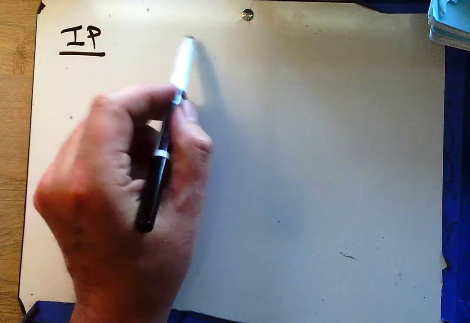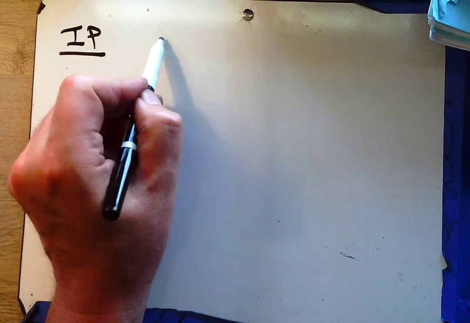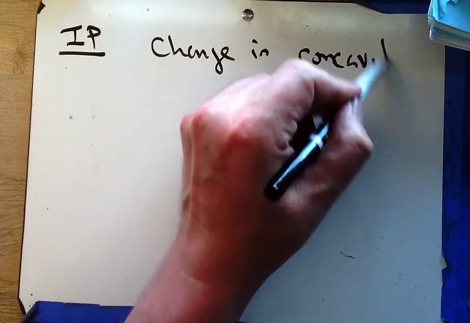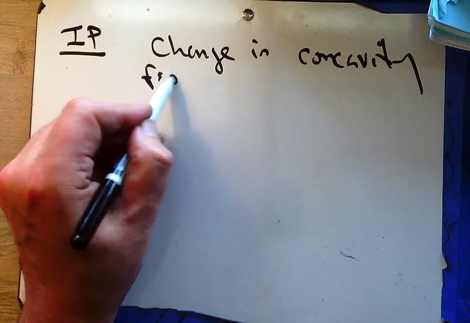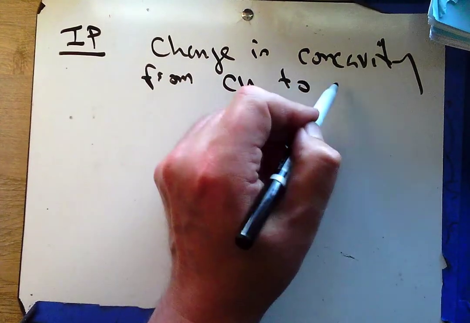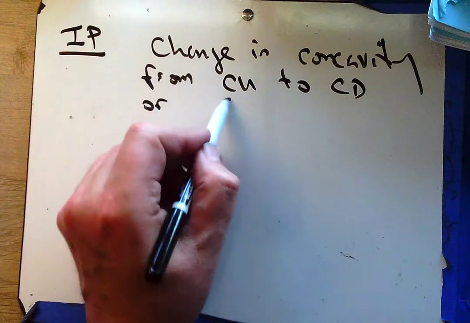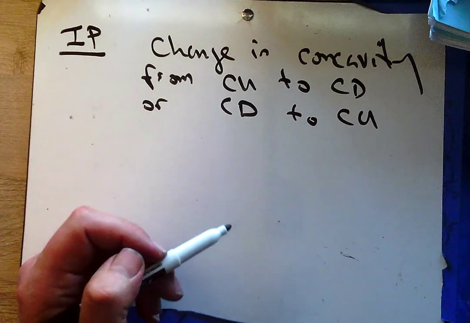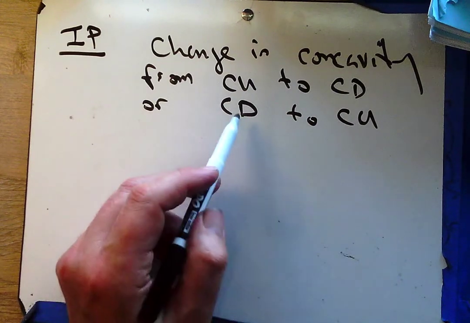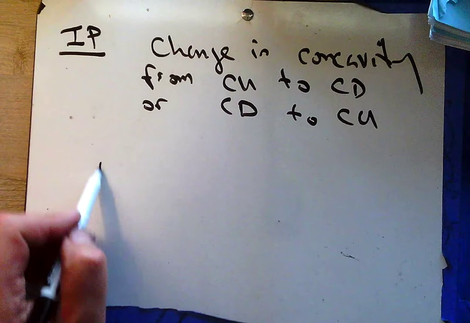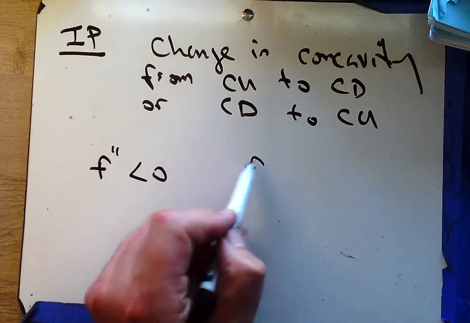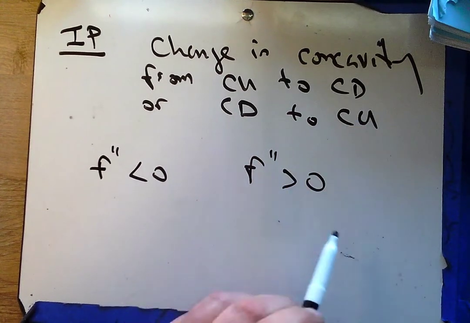All right, what about inflection points? Well, inflection points come when we have a change in concavity from concave up to concave down, or concave down to concave up. Now I know my function is concave down when f double prime is less than 0, and f double prime greater than 0 for concave up.